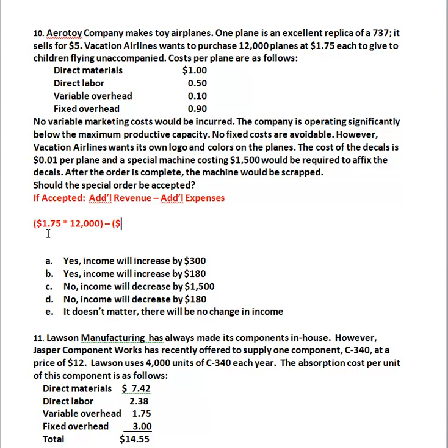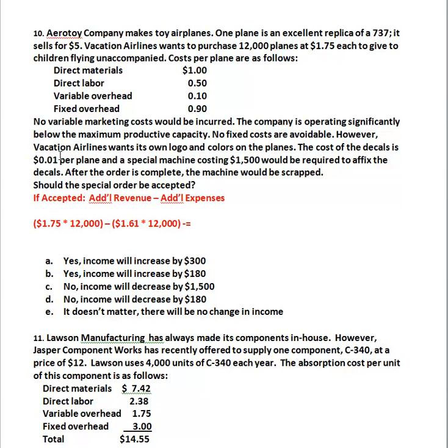So your additional variable cost is going to end up being $1.61. So $1 plus 50 cents plus 10 cents plus 1 cent gives you $1.61 times 12,000.